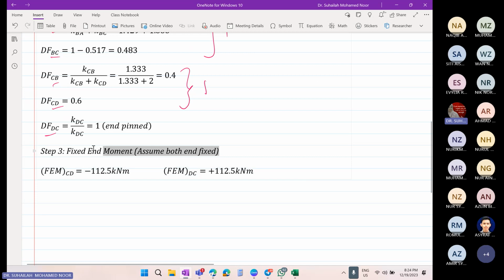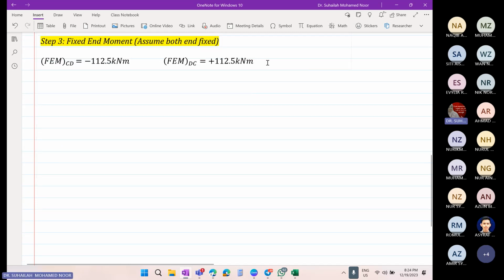Okay, this is the third step. Next step is the table. Step 4: we will distribute moment.